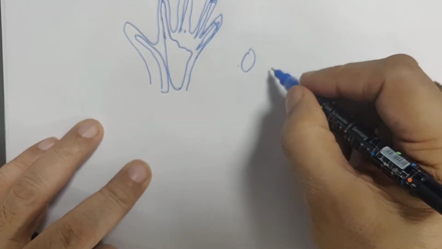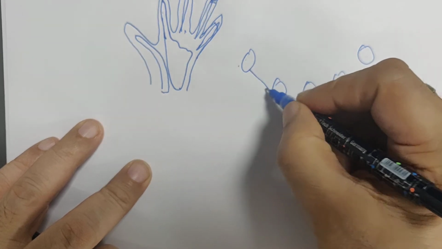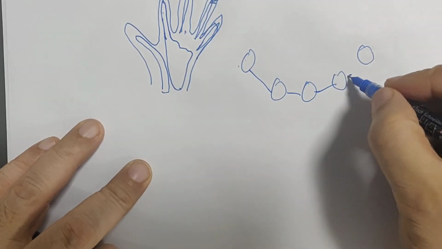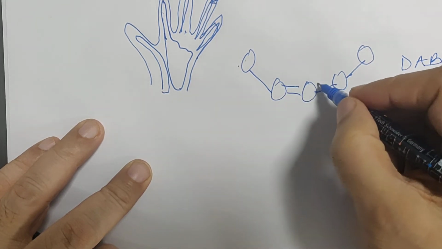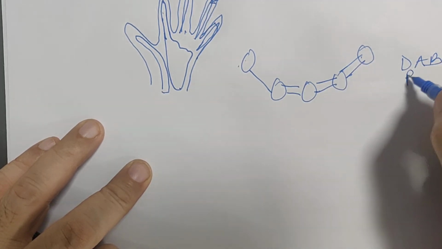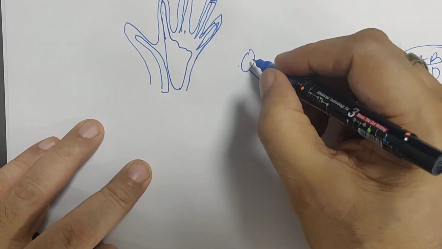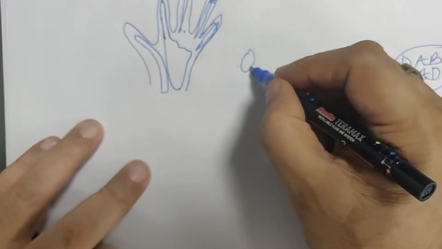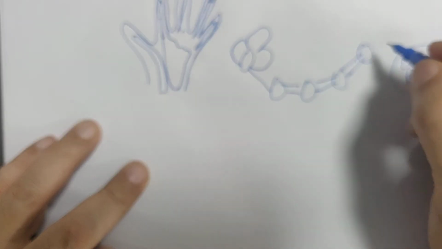Then we told you that these are the 5 metacarpals. The dorsal interossei are abductors, DAB, and palmar interossei, the 3 of them are adductors, that is PAD. So if you remember PAD, DAB, you remember the action of these muscles. Then you have the opponens, the flexor and the abductor pollicis.